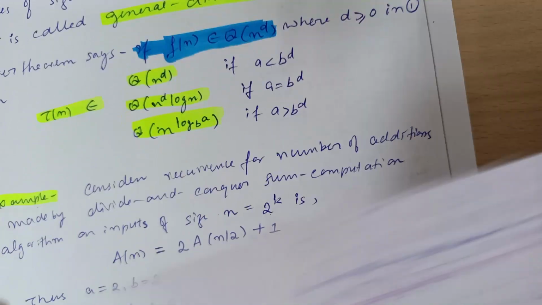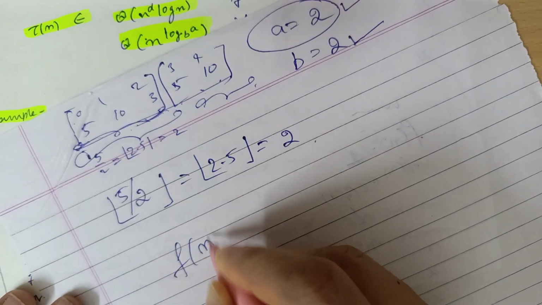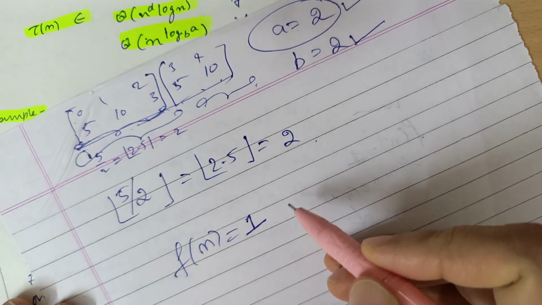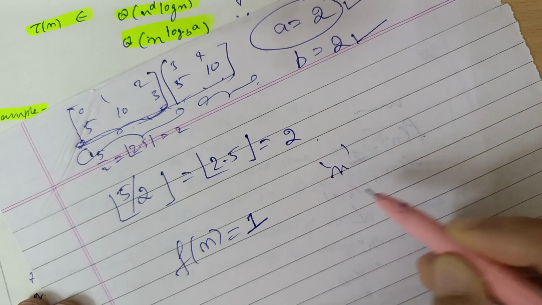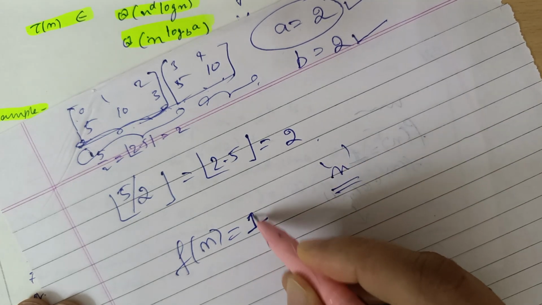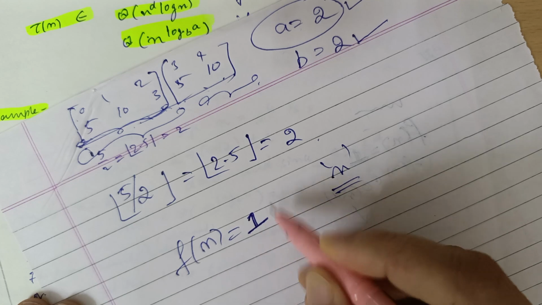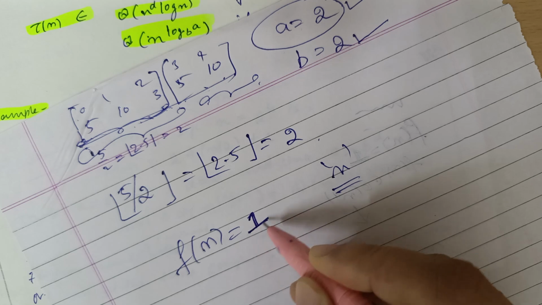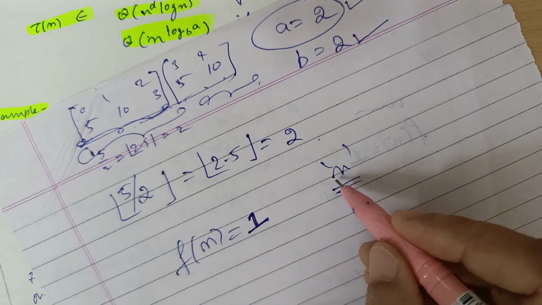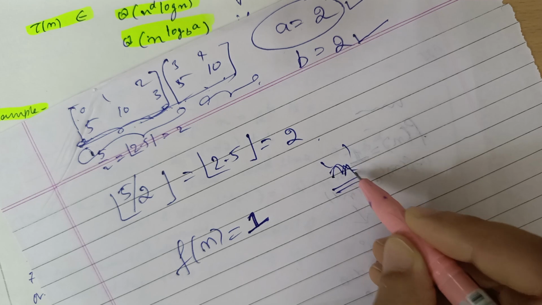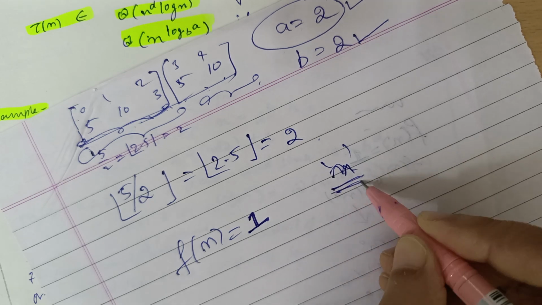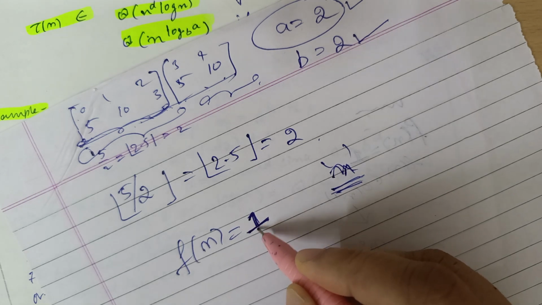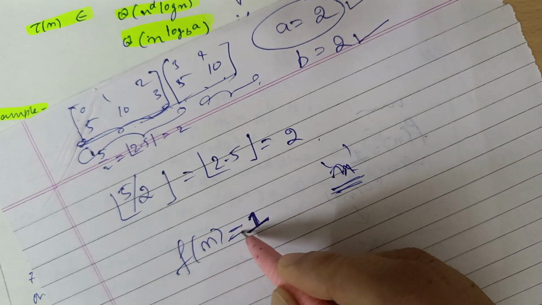For the addition of n numbers, the additional complexity or overhead required for division and summation of subproblems is 1. That means it is a constant. Whatever the size of n, and however many partitions we made, irrespective of the size of the input, constant time is required for adding subproblems. That is the meaning of f of n equal to 1.